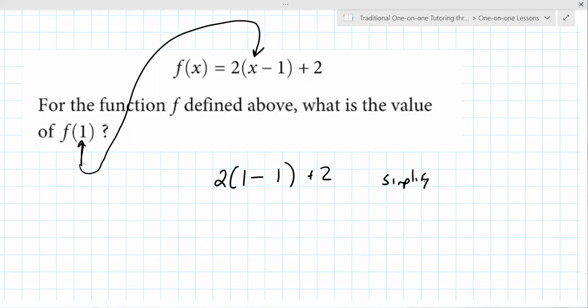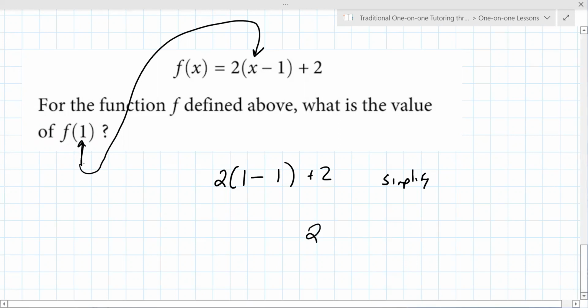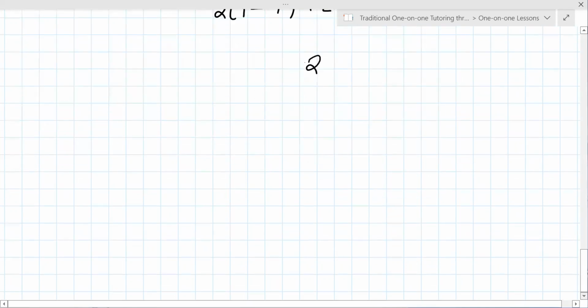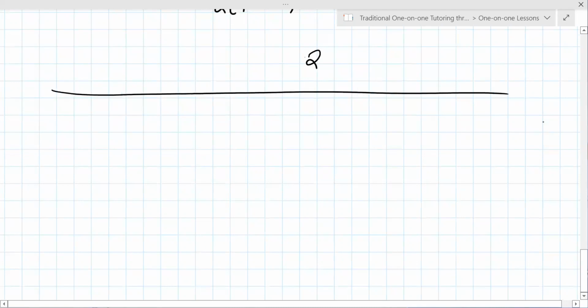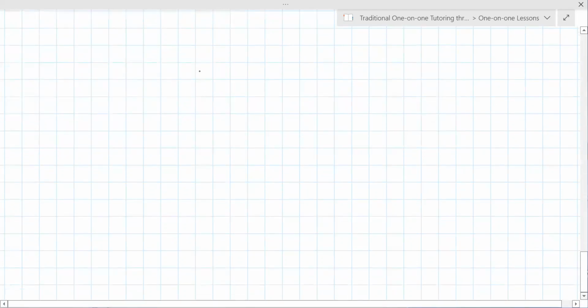Yeah, I have it down, and it's 2. It is 2. Yes, the final answer is 2. Order of operations. It is. So we're going to do another one just like this. Okay, so when you get a chance to do it on your own here, let's say g of x equals 3 times x minus 1 plus 4, and I want you to find g of -1.